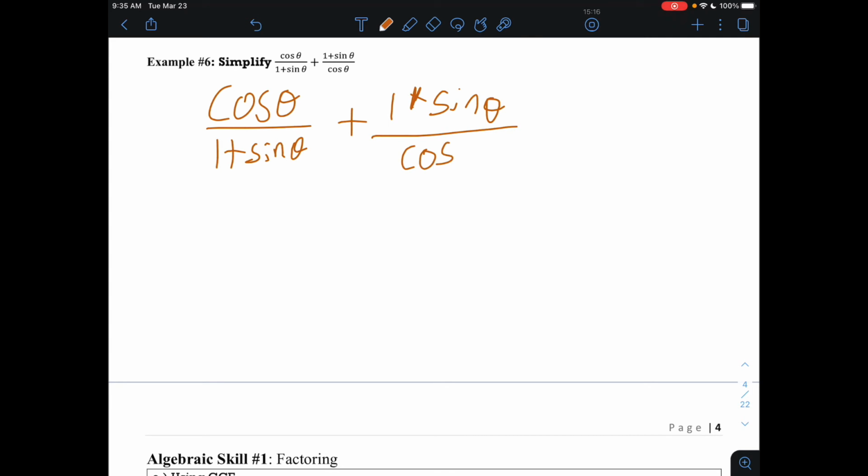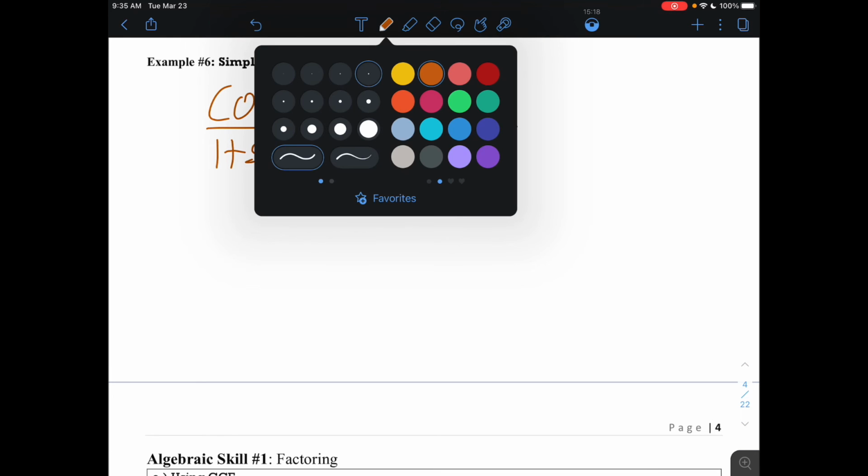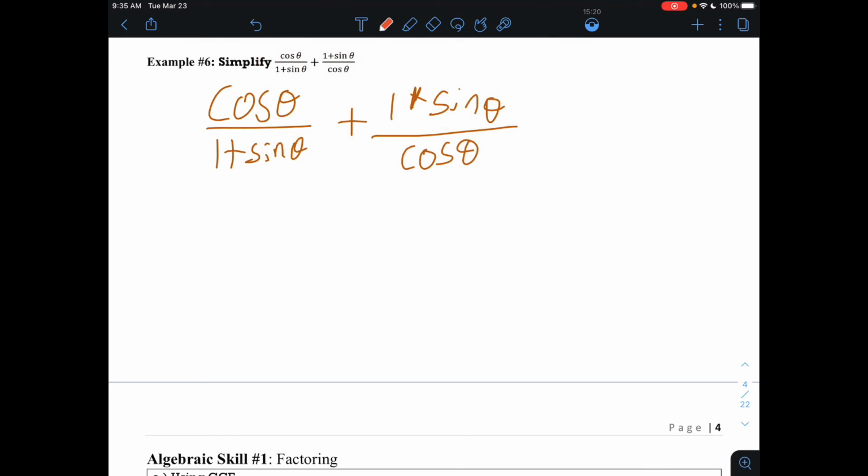Okay, so we're going to do that whole thing where we multiply the other fraction by what the current fraction is missing. So this denominator does not have a cosine. So we're going to multiply in cosine over cosine. The other side is missing 1 plus sine over 1 plus sine.